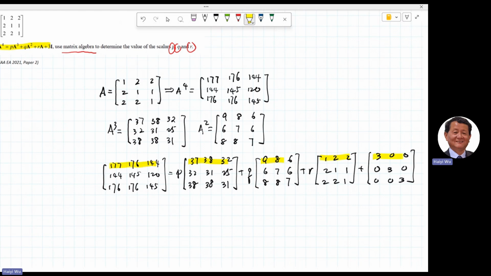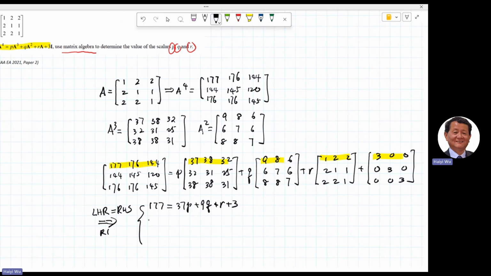So we get a simultaneous equation: 177 is equal to 37p plus 9q plus r plus 3.